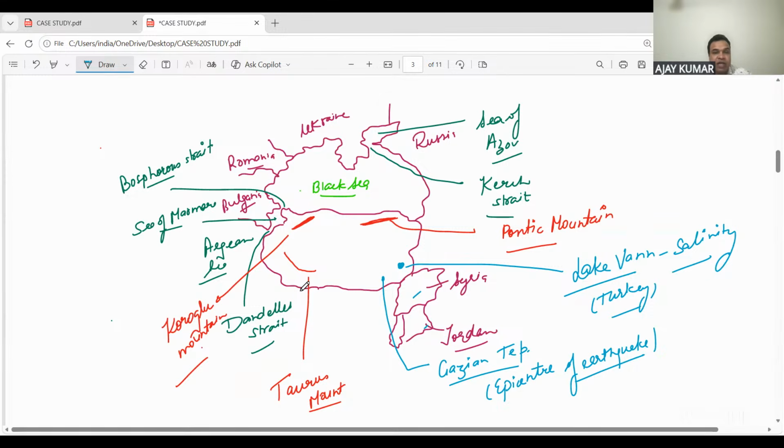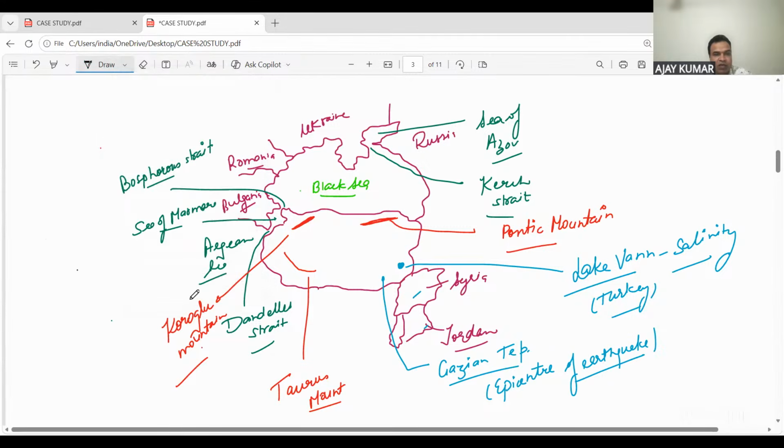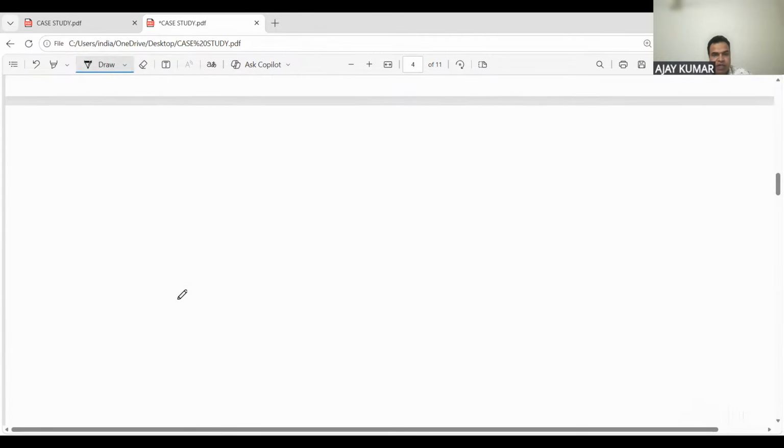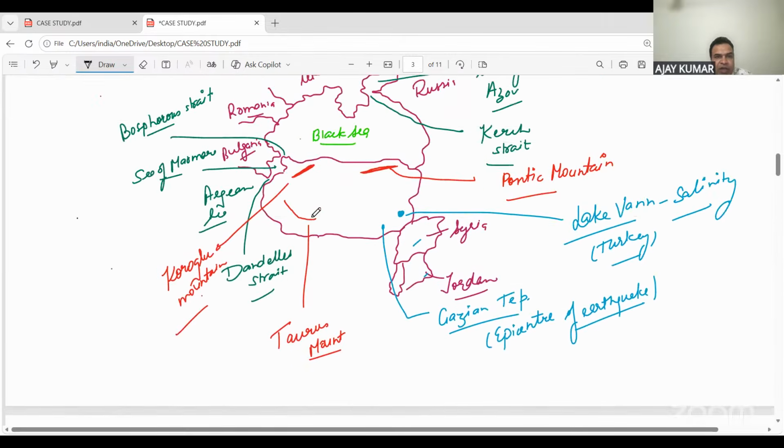Now try to understand it in the form of geomorphology. So what I am doing is removing this and showing you a map of Turkey again. Okay, one more thing that you can locate here is the famous Anatolia Plateau.